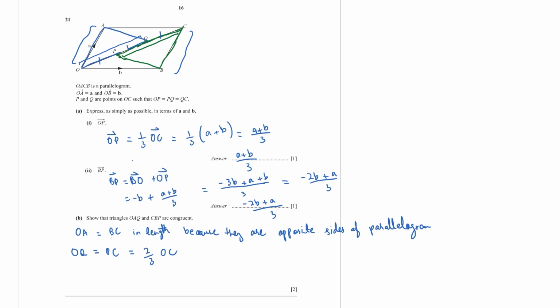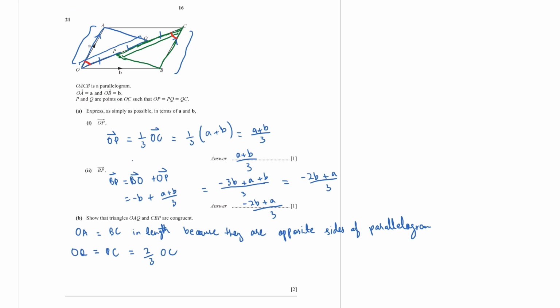And then, since this is a parallelogram, this means this line and this line are parallel. And if I look at this angle here, angle AOP and angle PCB or QCB here, these two angles are equal because they are alternate angles of two parallel lines which are being intersected by this line here. So these are alternate angles, and we know that alternate angles of two parallel lines are equal.